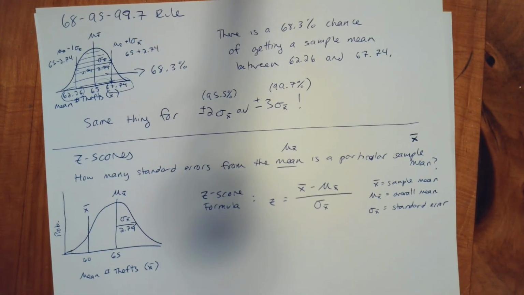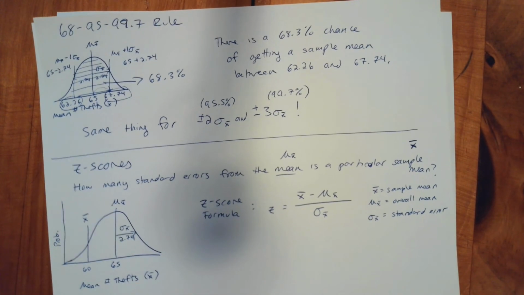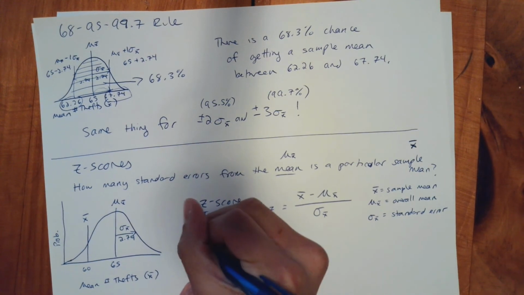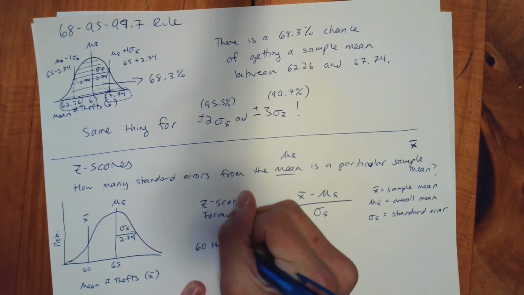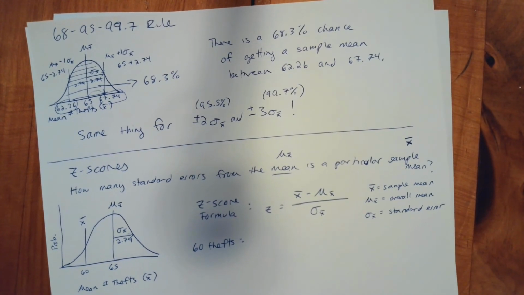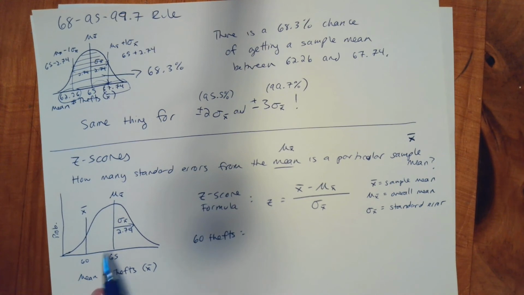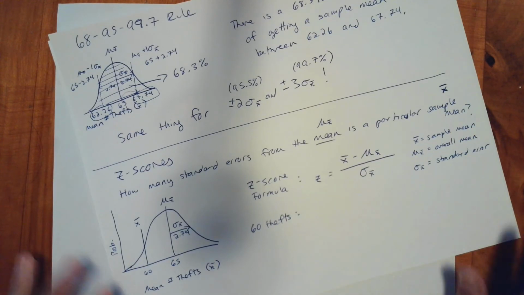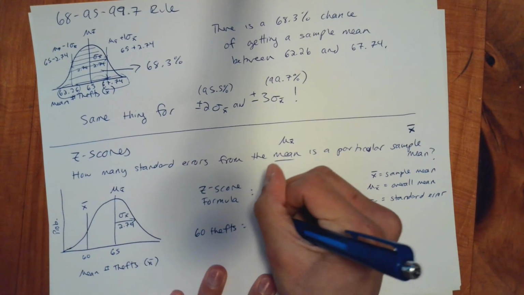So in order to find the z-score for 60 thefts here, we're just going to plug stuff into the formula. So for 60 thefts, we're going to do what we did last week. The sample mean that we're interested in here is 60. So we're interested in how far away a sample mean of 60 is from our overall mean here of 65. So we're going to plug in 60 for x bar.